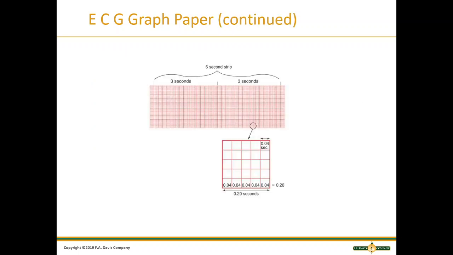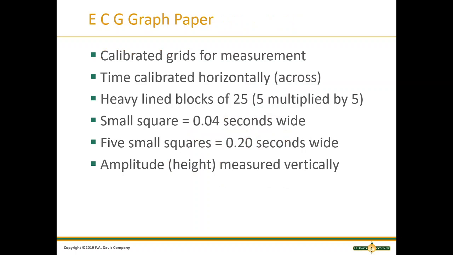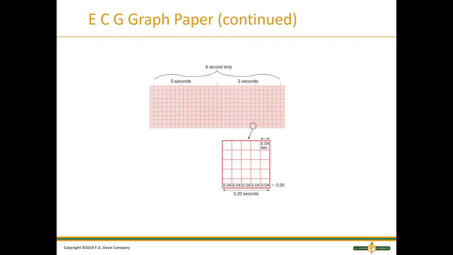You can see here that 5 small squares is 0.20 seconds wide. So that just gives you an idea of what 0.20 seconds looks like. You see this, 3 seconds, so that many. That's why you use that little tool, and you can count out exactly how far there is between.